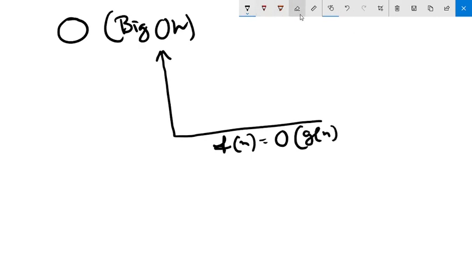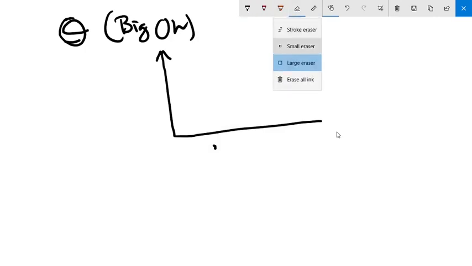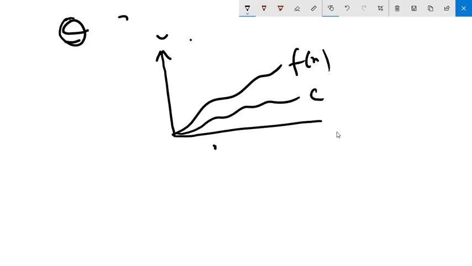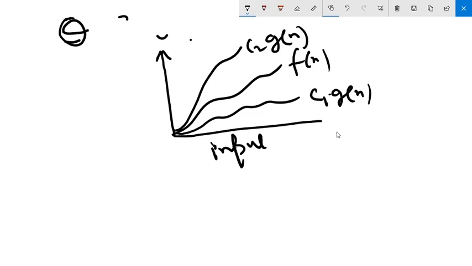In the earlier case, I forgot to write one thing. In the case of theta, when we have this fn here, and we have c1 into gn here, and c2 into gn at the top, with input n, you can write directly fn equal to theta of gn.